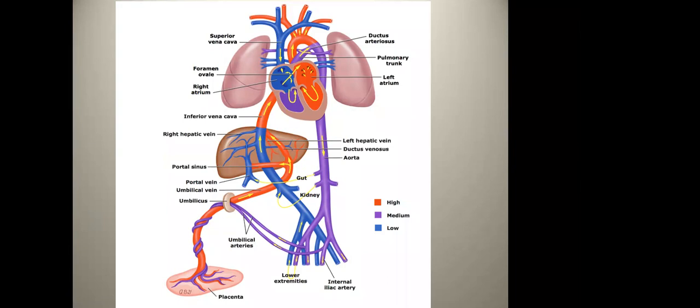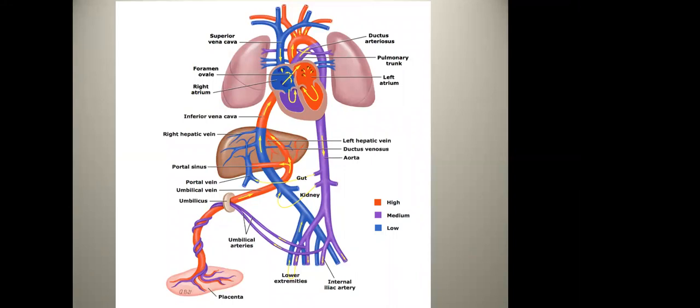The blood goes through the two umbilical veins; the blood will enter the fetus through the umbilical vein. We have two umbilical veins and one umbilical artery in the umbilical cord.